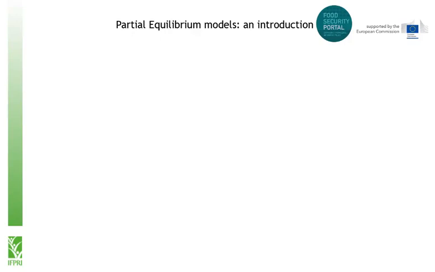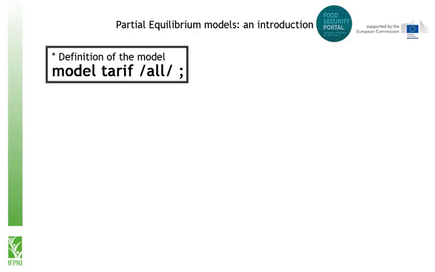First, we have to deal with the definition of the model, because of course we have declared and defined the equations, but we didn't define the model itself. So we have to explain which equations are included in the model. This is done with the instruction model, followed by a space, then the name of the model that the modeler chooses.